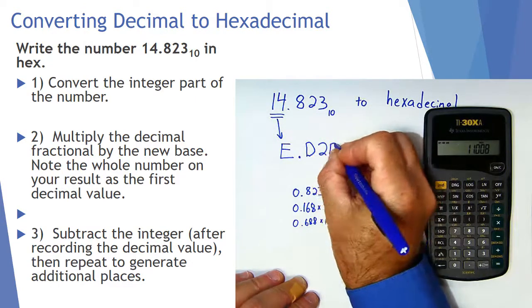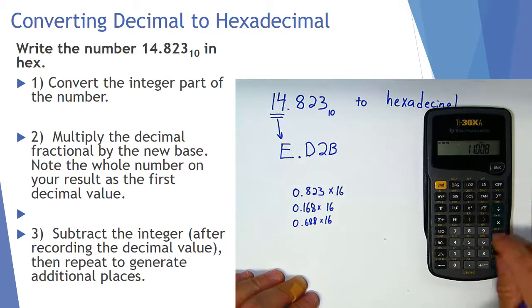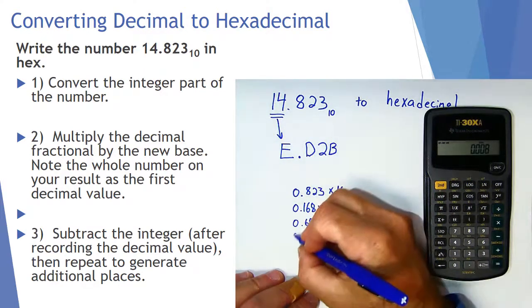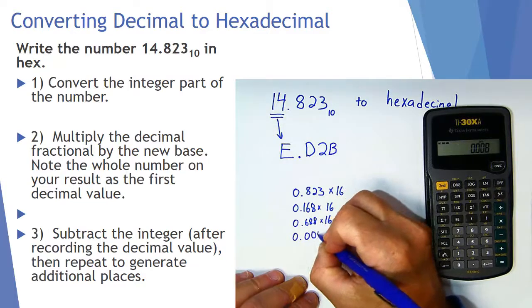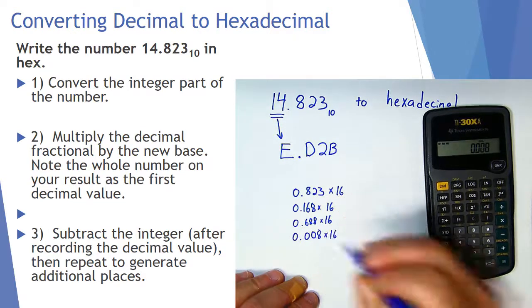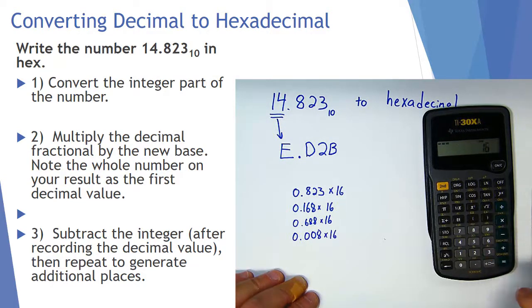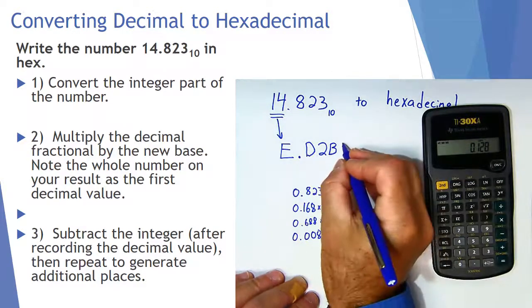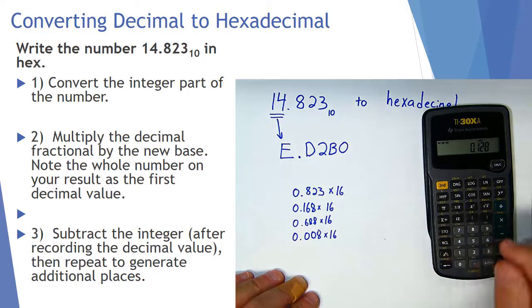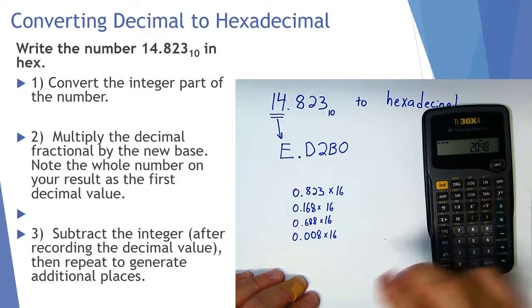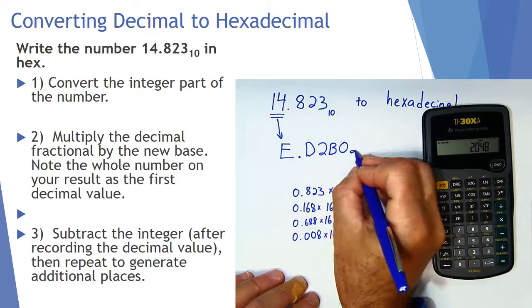That's B. Minus the 11, and that leaves us with 0.008. Let's multiply that by 16, and we get 0.128. There's a 0 there, so we have to record that. Now let's multiply that by 16 again, and we get 2.048, so we have another 2.